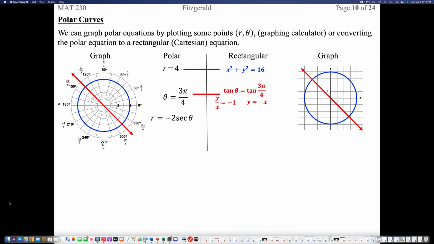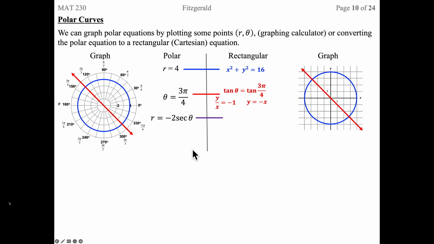Okay? So by hand, change this to -2 over cosine theta, and I can test some easy thetas here, for example. At 0, I know cosine of 0 is 1, so negative 2 over 1 is negative 2. So that's this point, negative 2, 0. If I try pi over 3, I know at pi over 3, that's going to be like the cosine of 60 degrees.